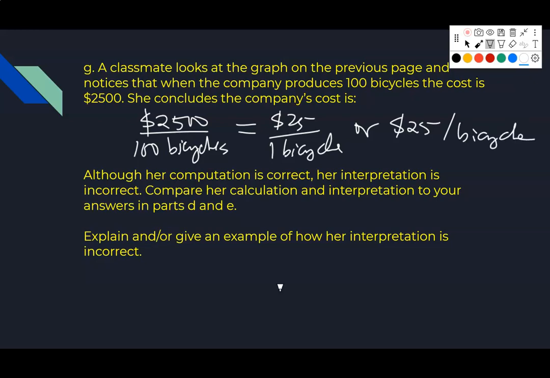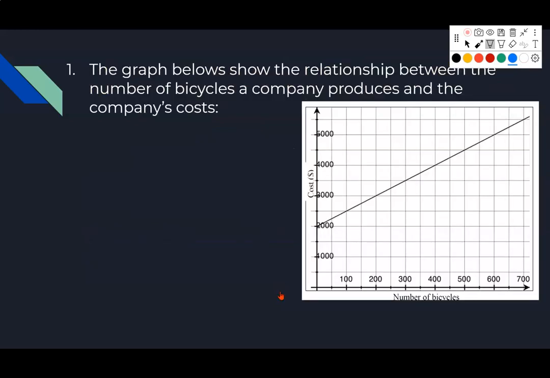Although her computation is correct, her interpretation is incorrect. Compare her calculation interpretation to your answers in parts D and E, and explain and/or give an example of how her interpretation is incorrect. Let's go back and check the graph.